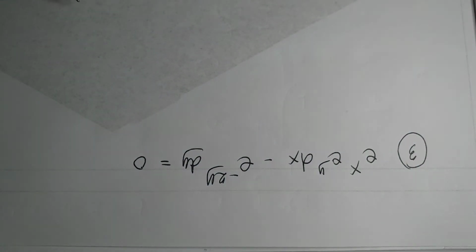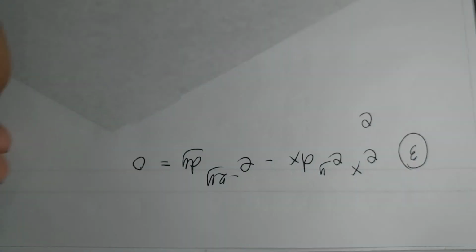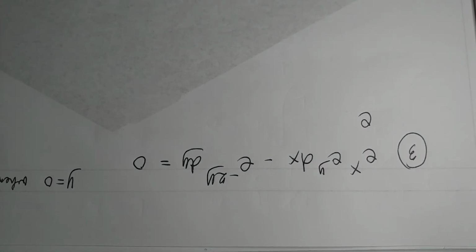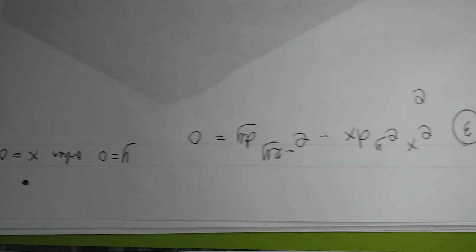Separating the variables by dividing everything by e to the y, we have when y is equal to 0, when x is equal to 0. I forgot the condition. Okay.